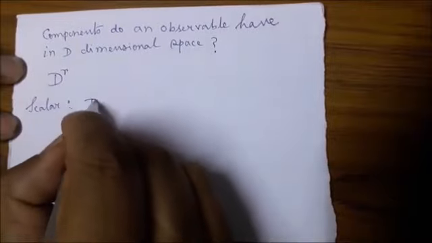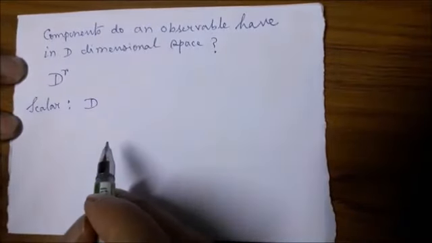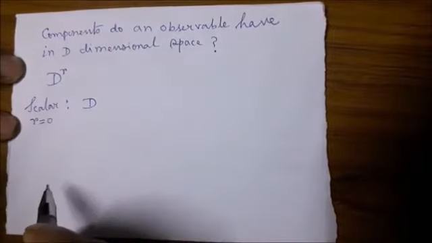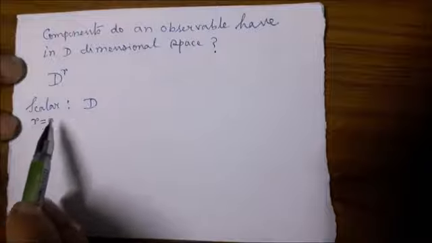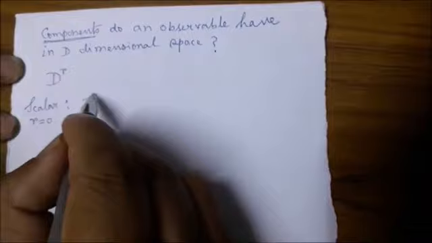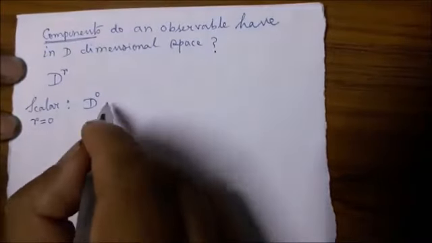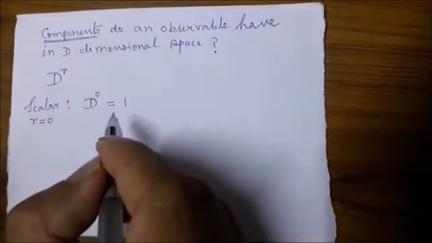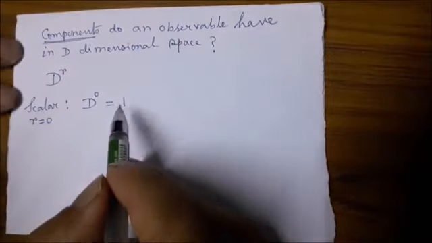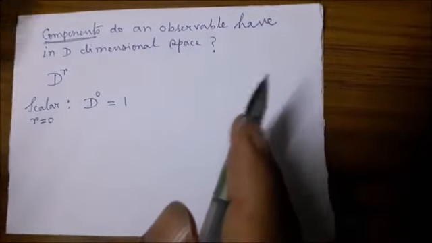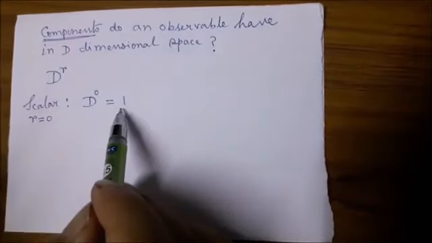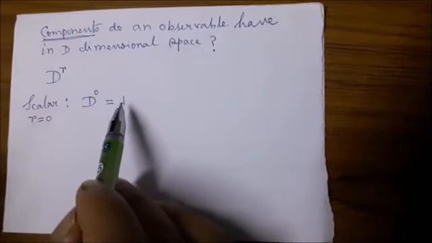In d-dimensional space, how many components will it have? Now scalars are characterized by the fact that they have rank 0. So the number of components is d to the power r, so it is d to the power 0, and d to the power 0 is 1. So scalars have one component in any dimension. So irrespective of the dimensionality of space, a scalar will have only one component.